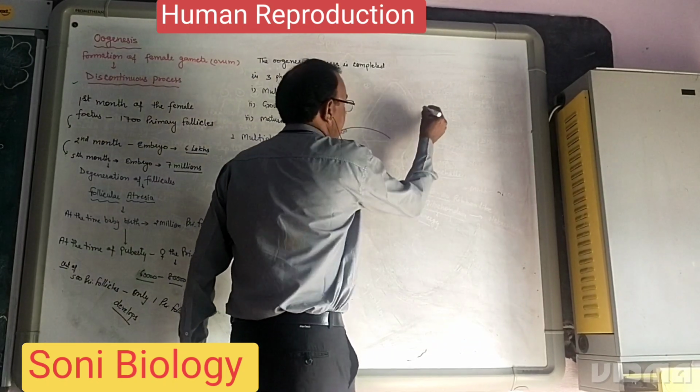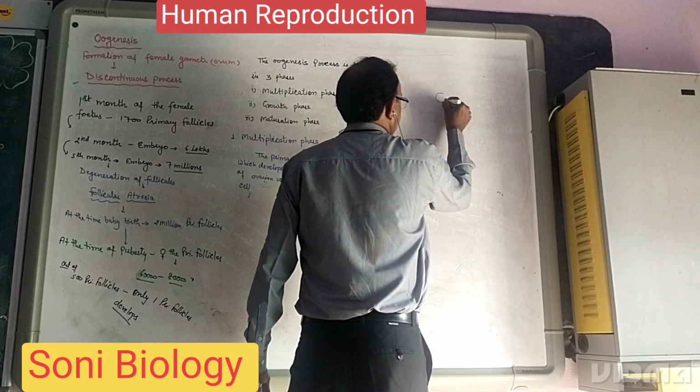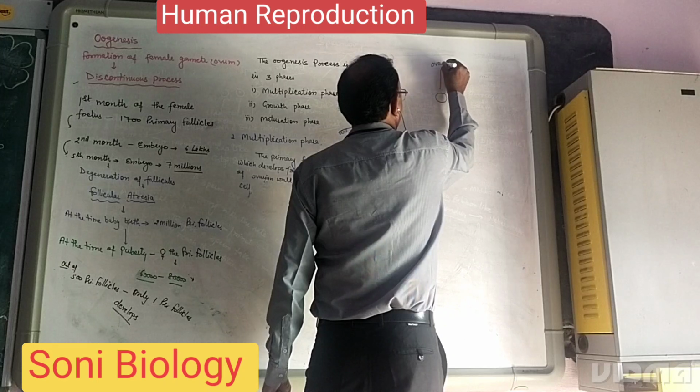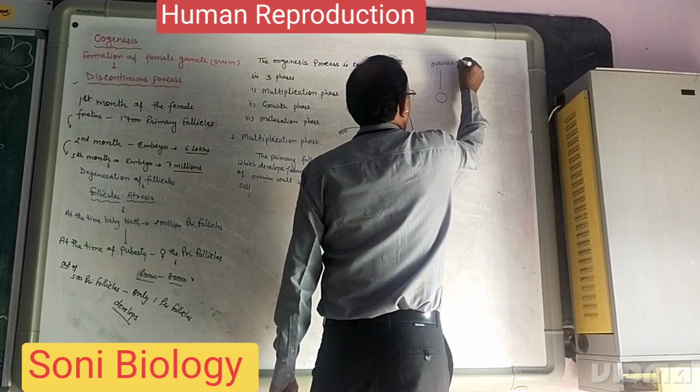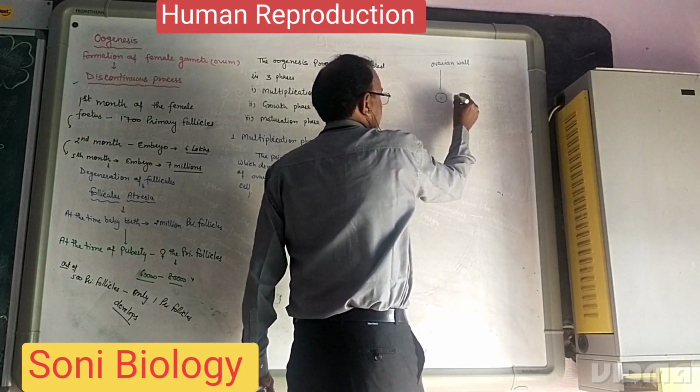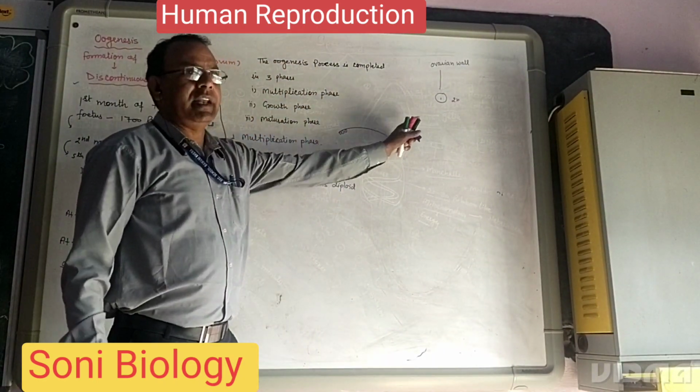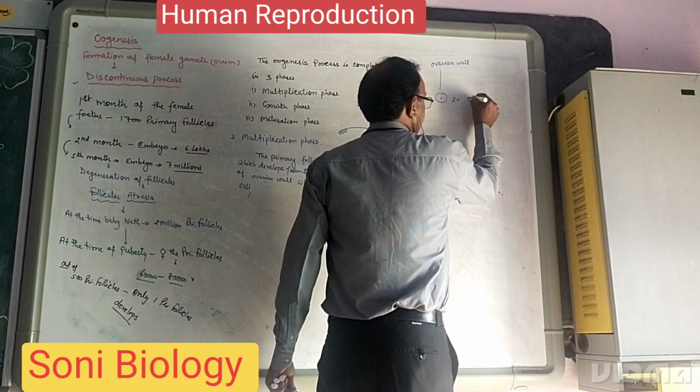Just this cell, which is produced from the ovarian wall, is a diploid cell. This diploid cell is known as oogonia.